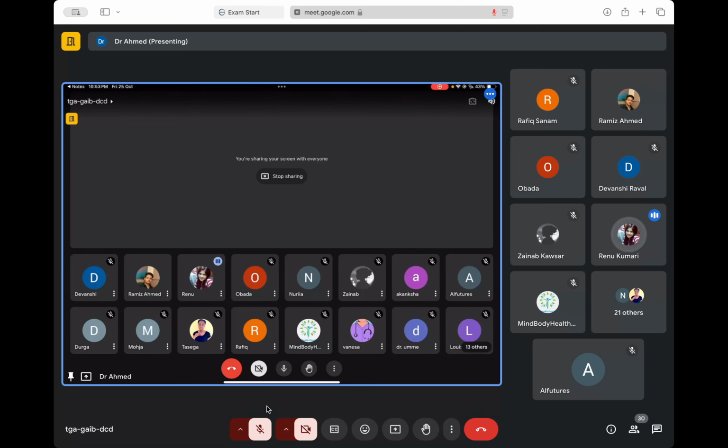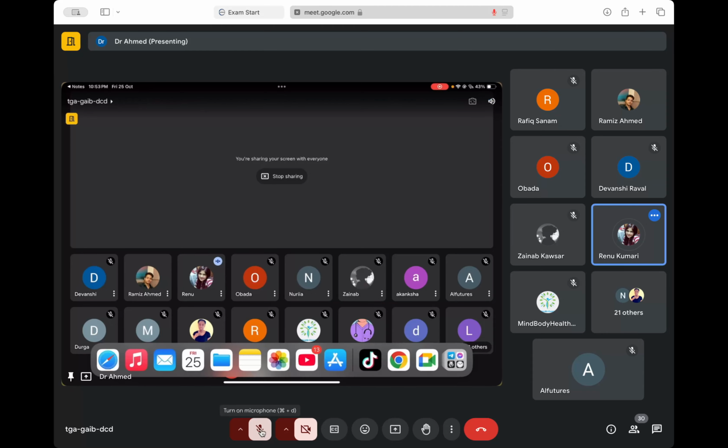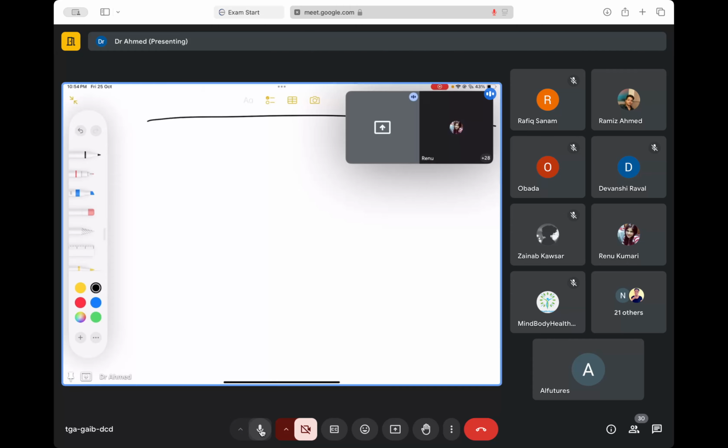Dr. Ahmed, I just need 2 minutes. You made one mnemonic for Wegener's granulomatosis. Can you please make that small diagram again? I forgot it. In Wegener's granulomatosis, C stands for cytoplasmic C-ANCA.